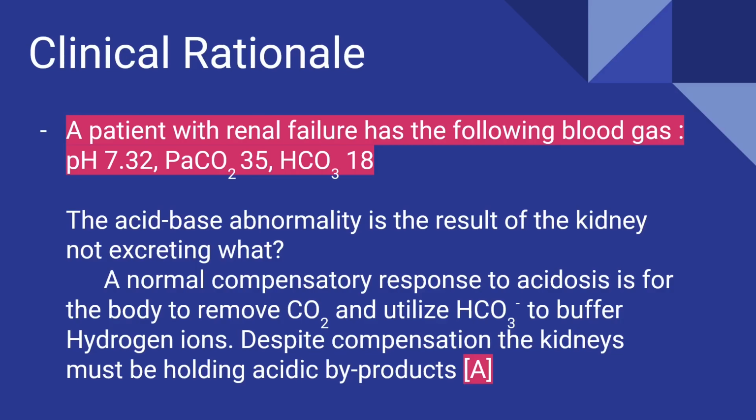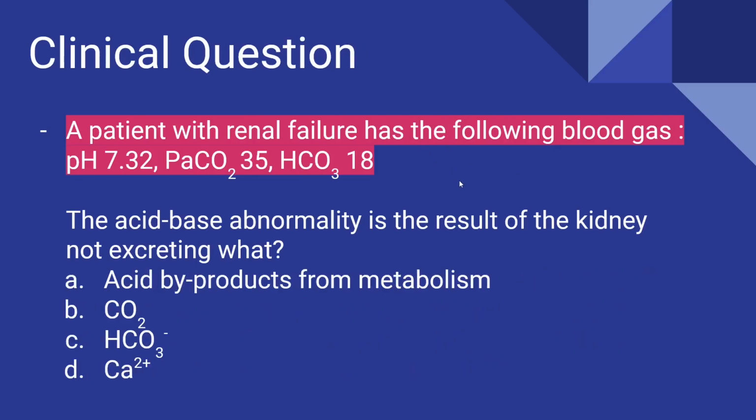Right? We've identified that it's not a respiratory issue, that bicarb is able to compensate or partially compensate for the pH, but that there still must be a problem due to the kidney failure of not releasing acid byproducts that were created from metabolism.